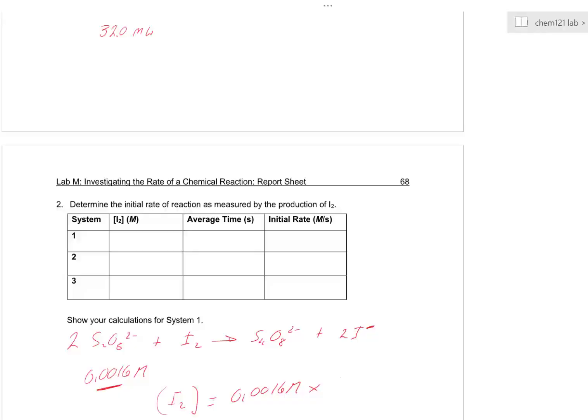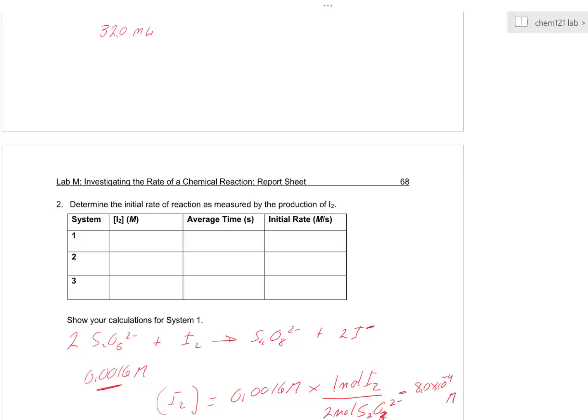I start with the thiosulfate concentration, and then I multiply by 1 mole of iodine per 2 moles of the thiosulfate. So effectively, I'm simply dividing by 2. The answer here is therefore 0.0016 divided by 2, in other words, 8.0 times 10 to the minus 4 molar.